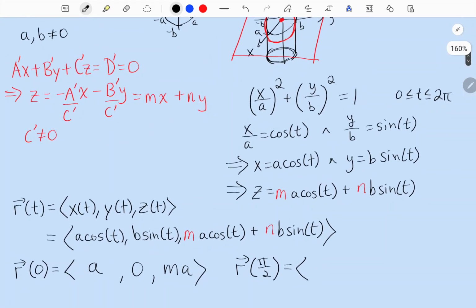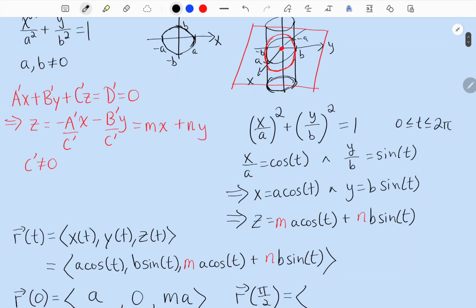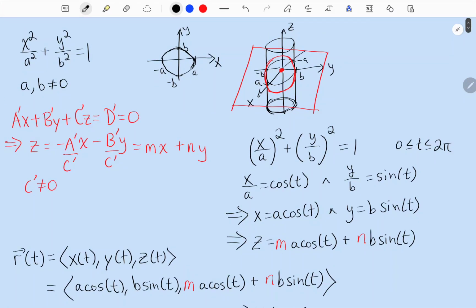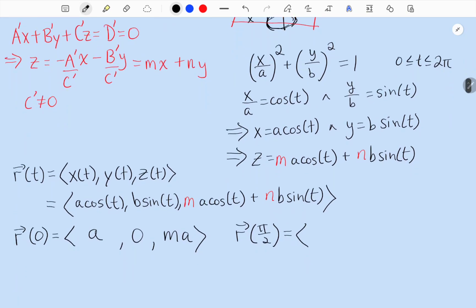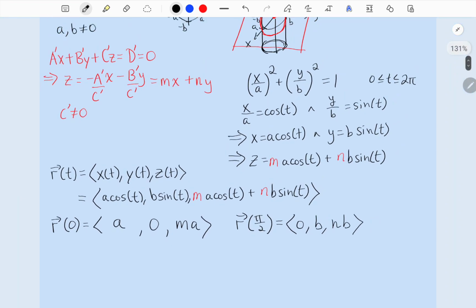So the point for r of 0 is going to be somewhere on the xz plane, and then r of pi over 2 is going to be a point somewhere on the yz plane. So we get x to be 0 here, we get y to be b, and then z is going to be nb. Okay, so then this is what we have.